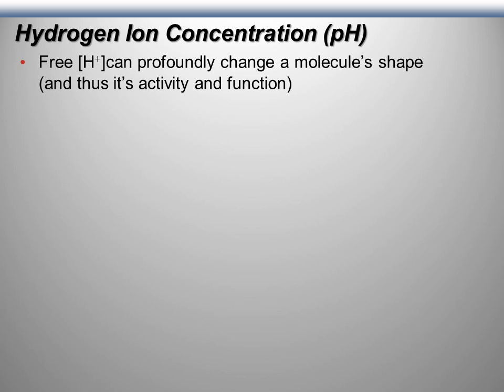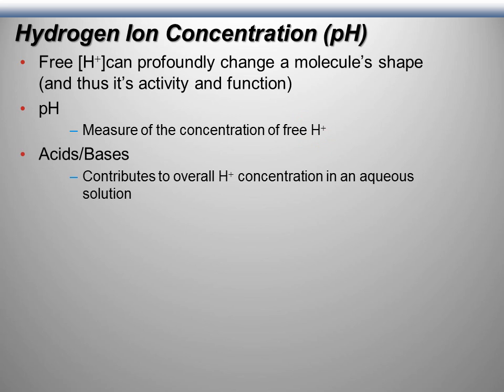So that's why how many protons that are freely available in that solution can so dramatically affect a molecule's shape. Okay? So pH is the inverse logarithm of how many protons are in the solution. Okay?